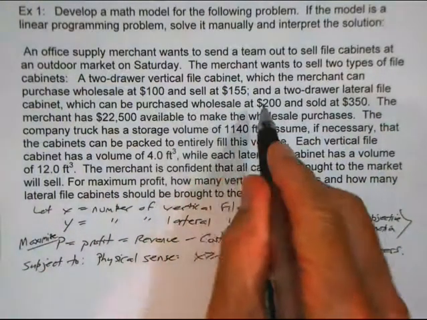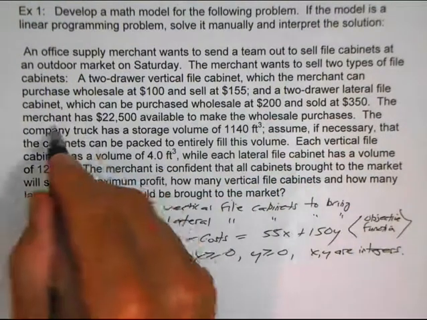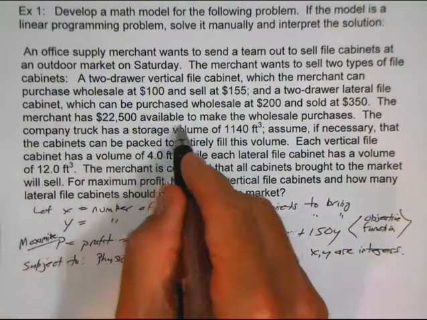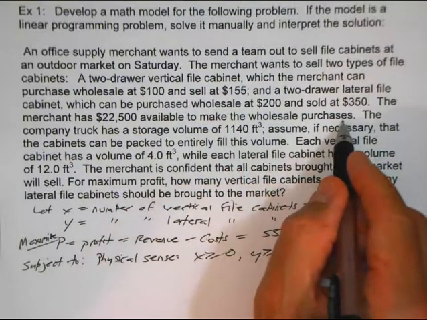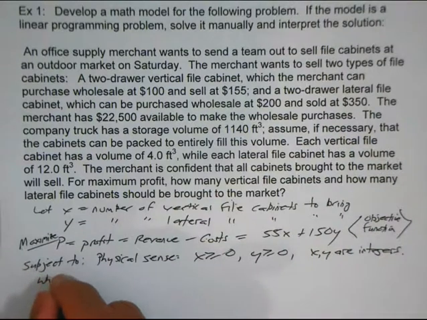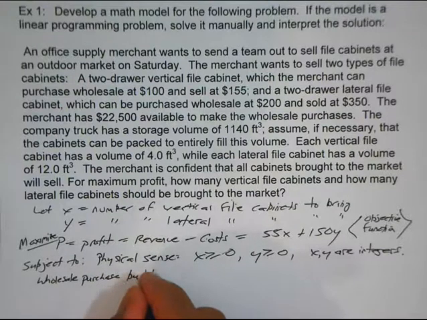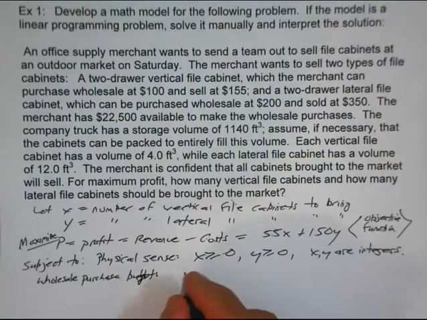The information, we read along here. The merchant has $22,500 available to make wholesale purchases. So let's write down wholesale purchase budget. What about that?